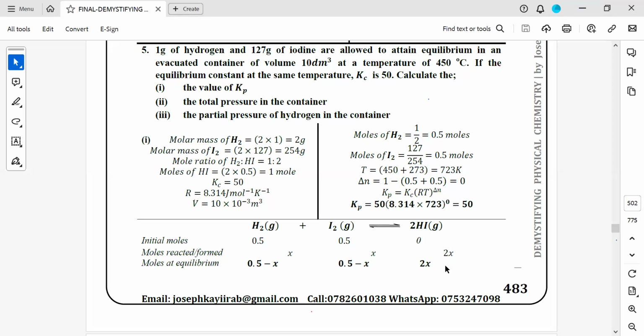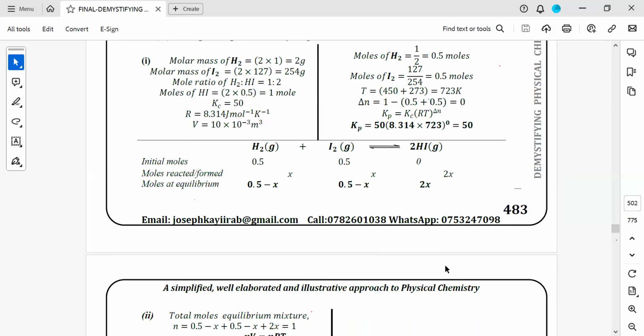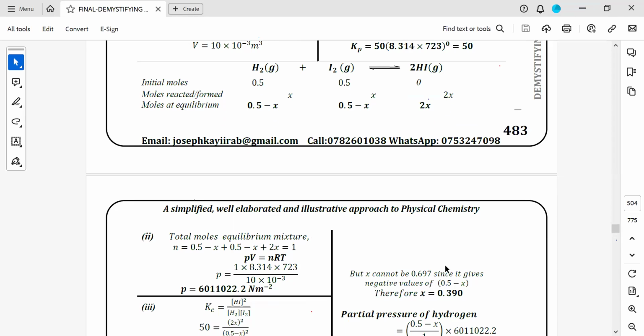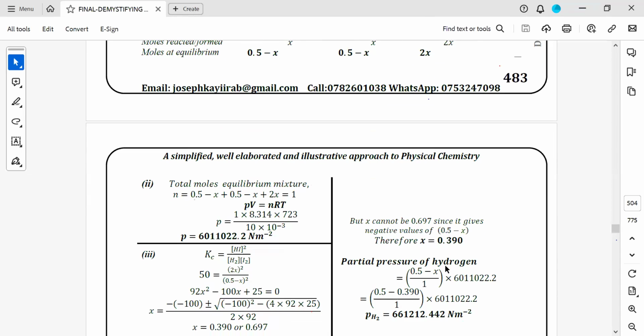I am sure now most of us are champions at that part of finding the initial moles, the moles that reacted, the moles that formed at equilibrium. So for us to get the moles at equilibrium for the mixture, we add the moles that are occurring at equilibrium, and that is going to give us 1, because we have 0.5 plus 0.5, which is 1, and then the X's cancel to give us 1 as the value.